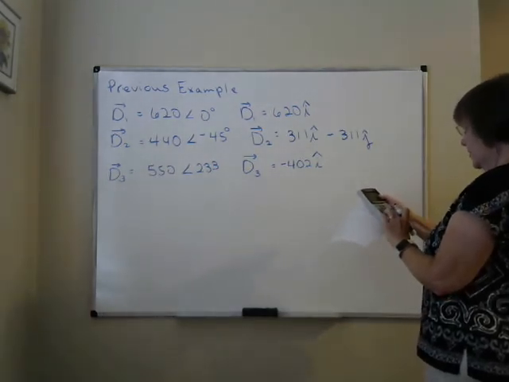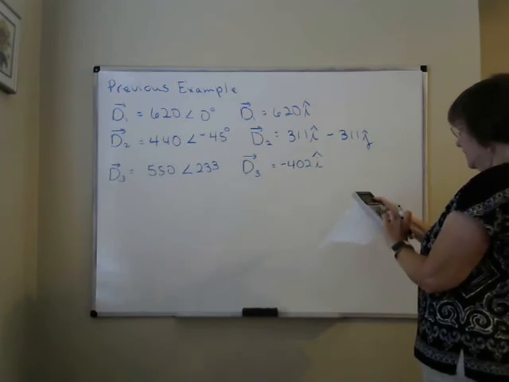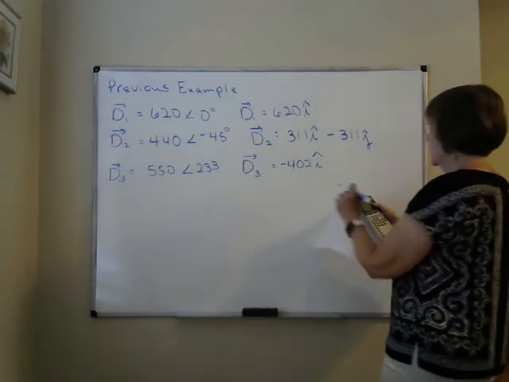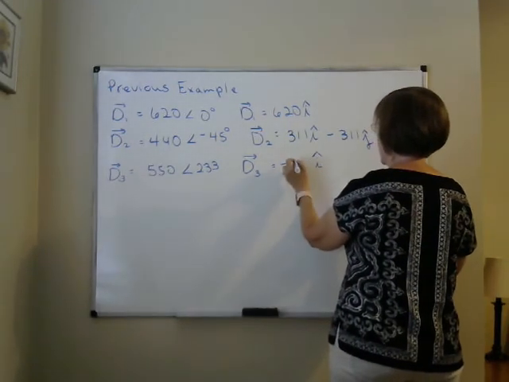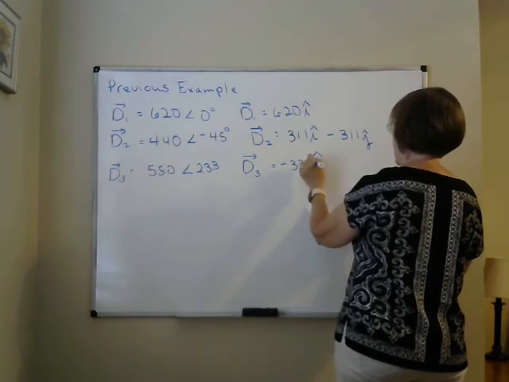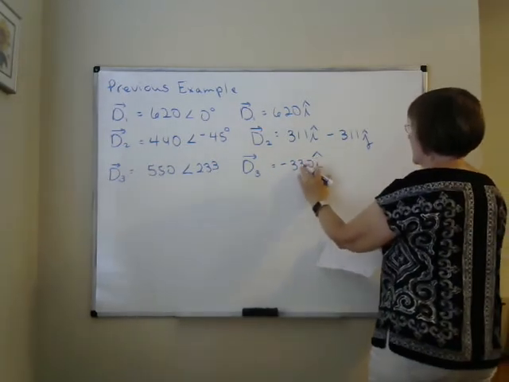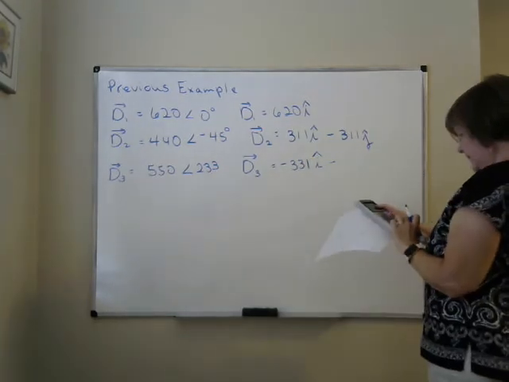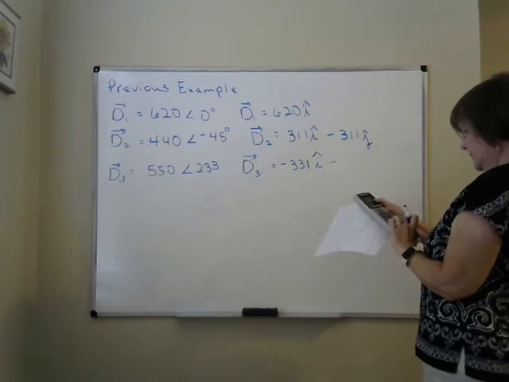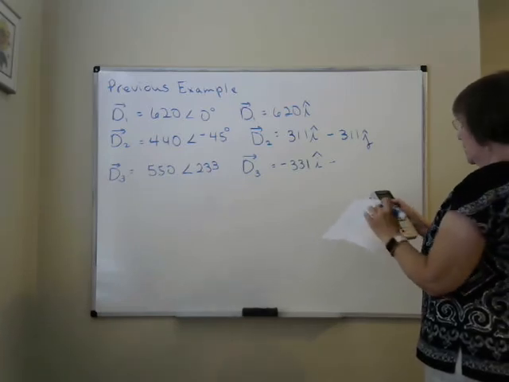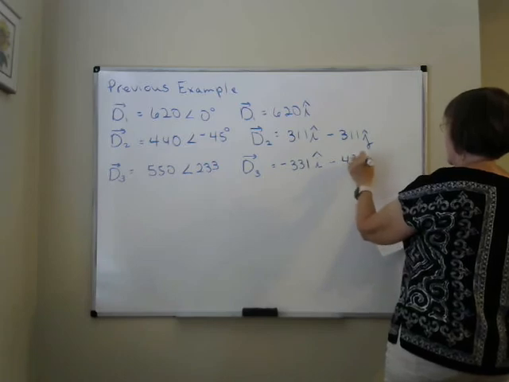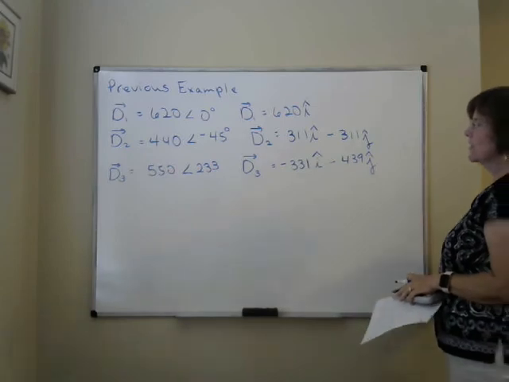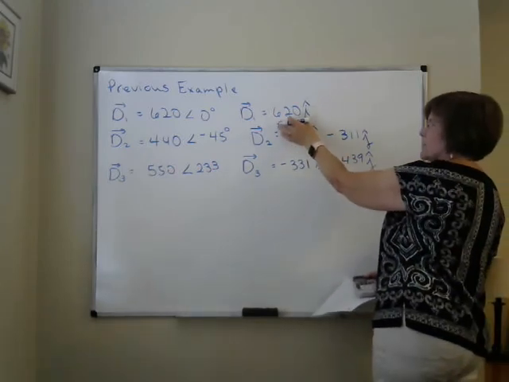Let's go back. We'll round it to be accurate here. 550 sine of 233 was negative 439 J. So basically, we're using our unit vectors to say this vector pointed this much in the x direction, and this much in the y direction.